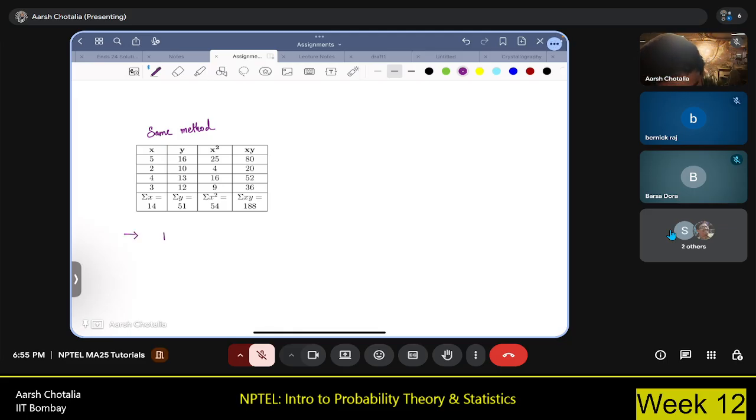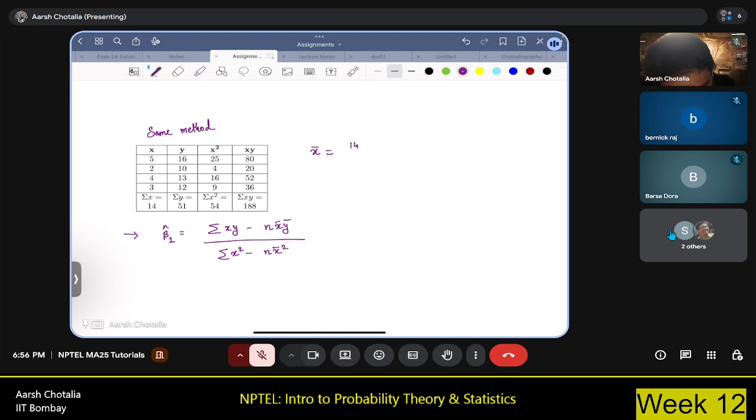Okay, so the beta 1 cap is equal to sum over xy minus n x bar y bar divided by sum over x square minus n x bar square. Alright, so first we need x bar and y bar.